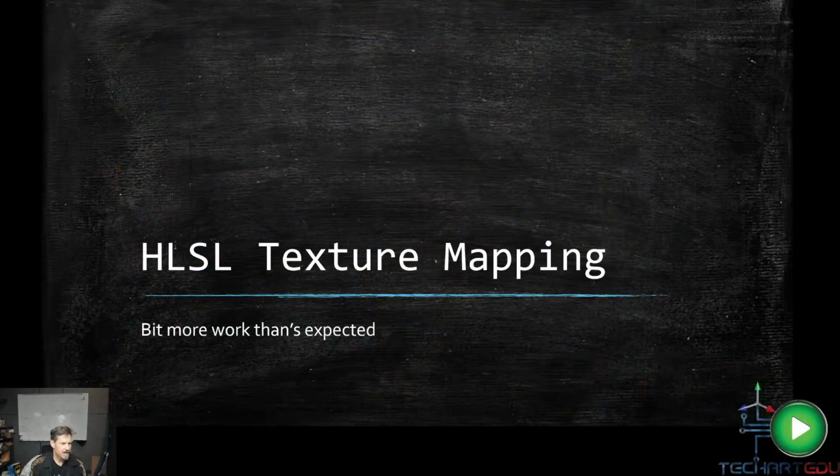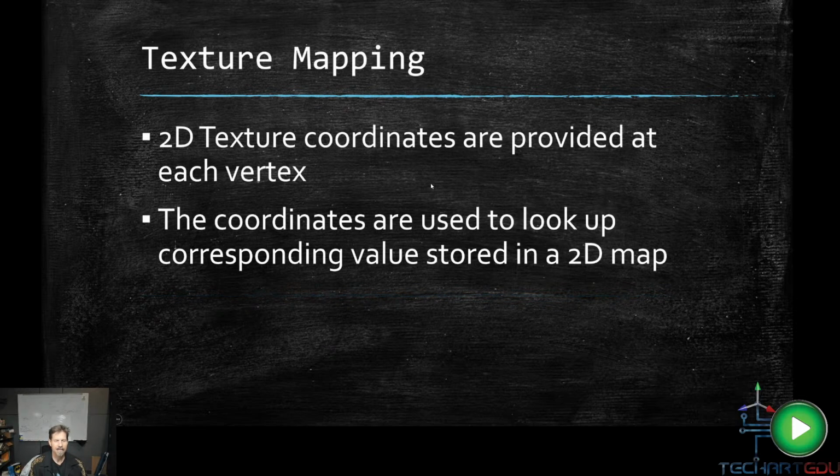All right, texture mapping. It is a bit more work than expected, but it's not too much work, actually. It's not so bad. Now I'm kind of assuming that if you've gotten this far in your career and you're actually watching this video, you have an idea of what texture mapping is. Just to give you the Cliff Notes 5,000 foot version, texture map coordinates are provided on every vertex.